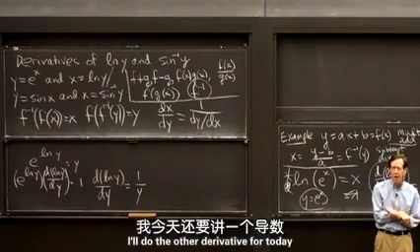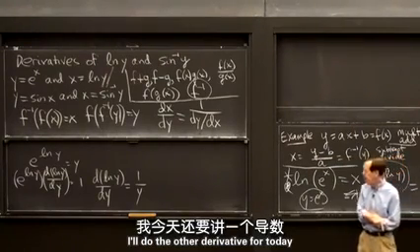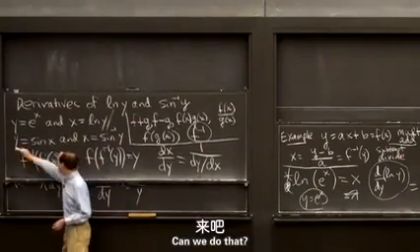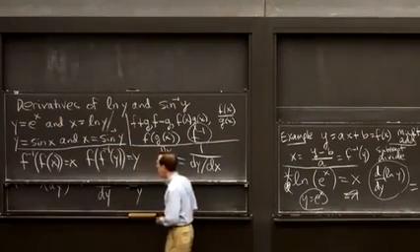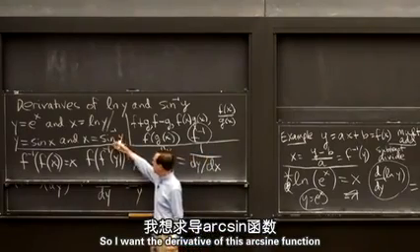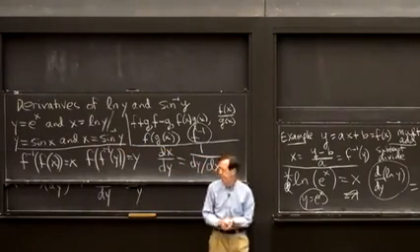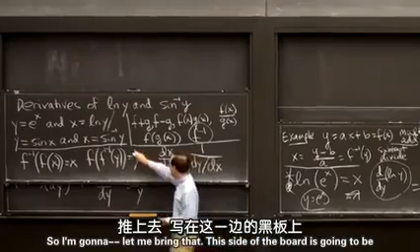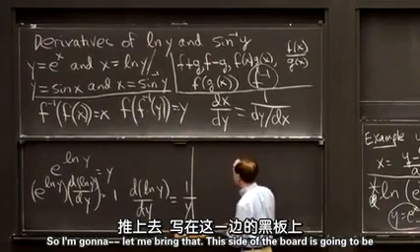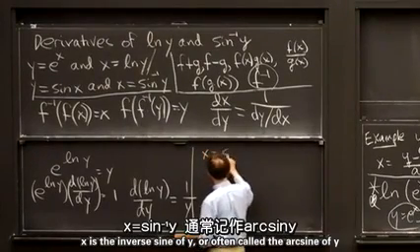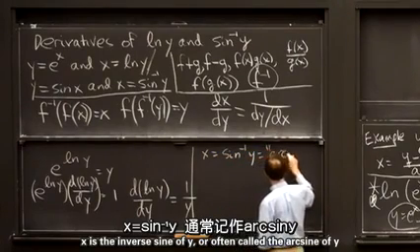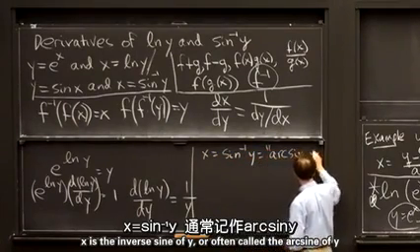Now, if you bear with me, I'll do the other derivative for today. The other derivative is this one. Can we do that? Okay. So I want the derivative of this arc sine function. All right. So I'm going to, let me bring that. This side of the board is now going to be x is the inverse sine of y, or it's often called the arc sine of y.